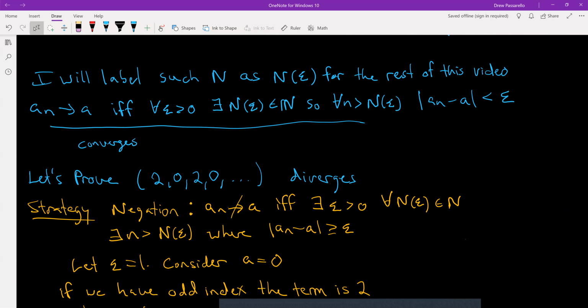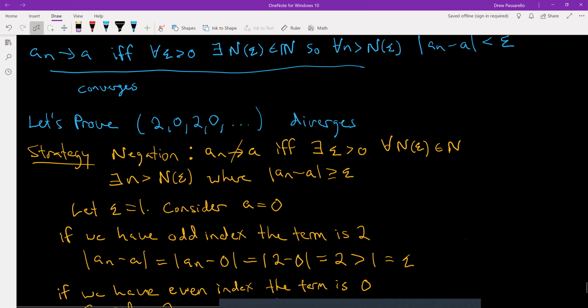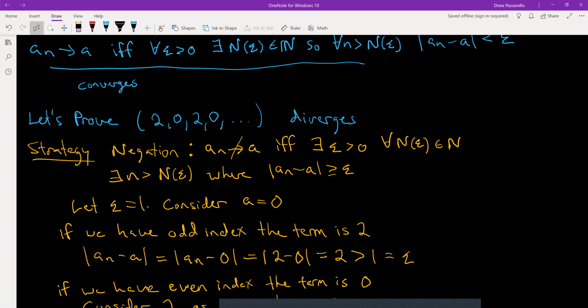And so we're going to utilize this negation. Since there exists an epsilon, I just need to find that epsilon. Let's say epsilon is 1. We might guess that since the terms of the sequence are either 2 or 0, the limit might be one of those values. So let's consider the case when the limit is 0. For the odd indices, we have the value 2.